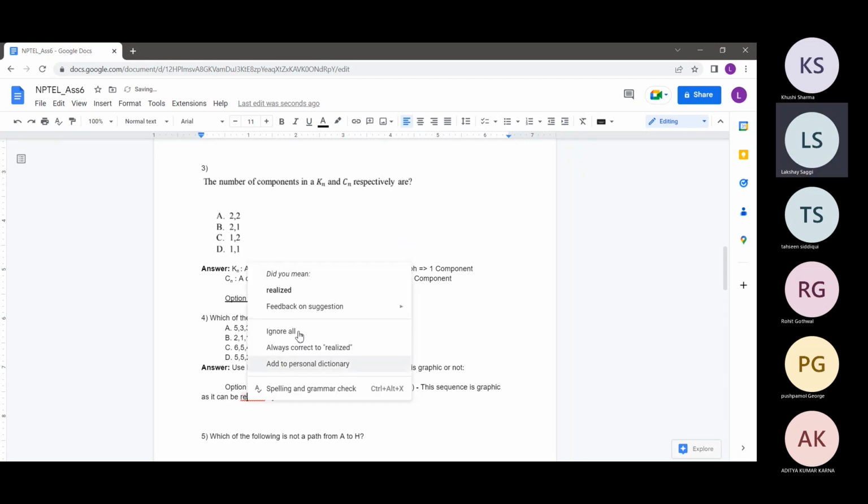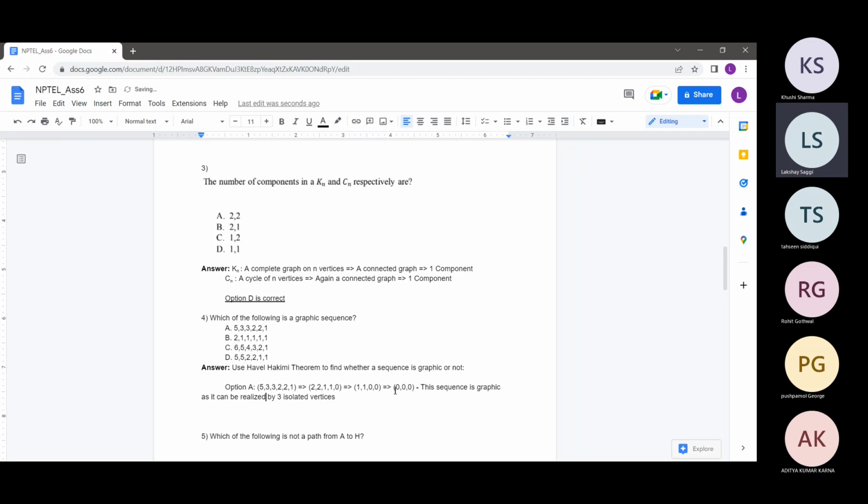What I mean to say here is that suppose we have to construct this sequence. The initial question of whether 5, 3, 3, 2, 2, 1 is graphic or not is reduced to whether this 0, 0, 0 sequence is graphic or not.